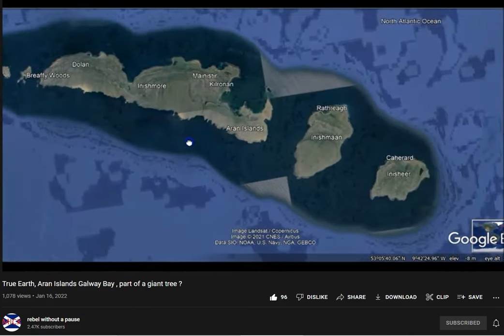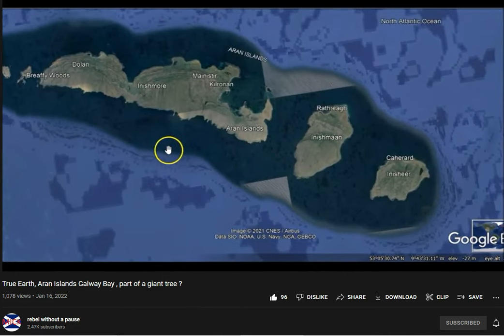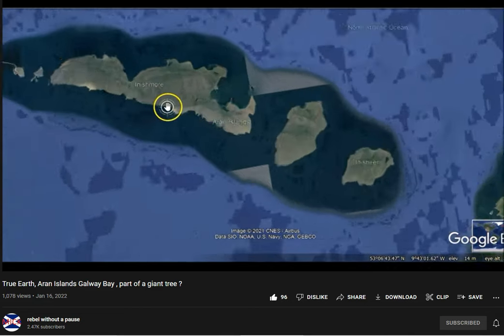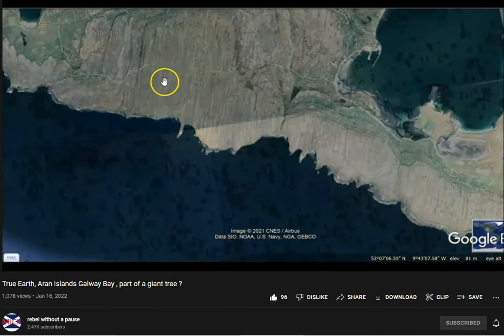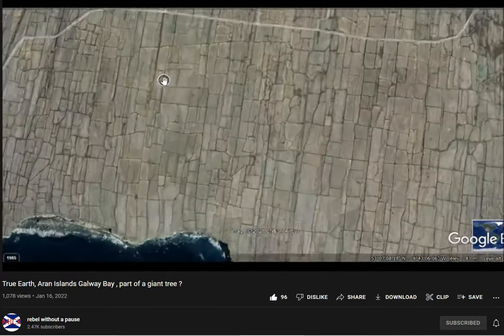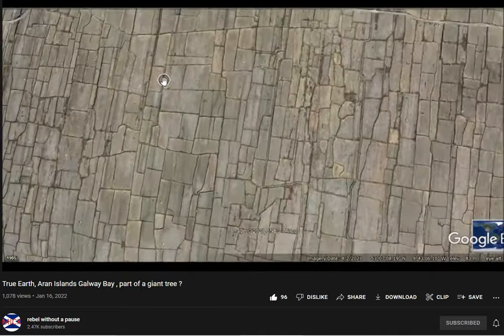In fact, if you were to gather all the walls and put them all together, they would take up 1/4 of the surface of the island, so that's a lot, right? And you can see they're like everywhere.